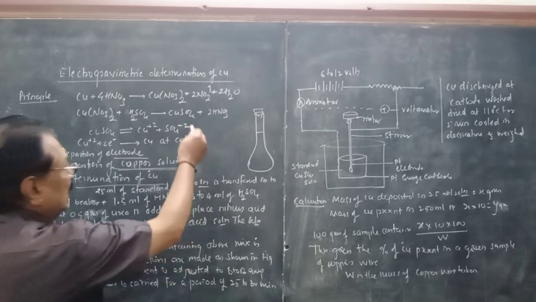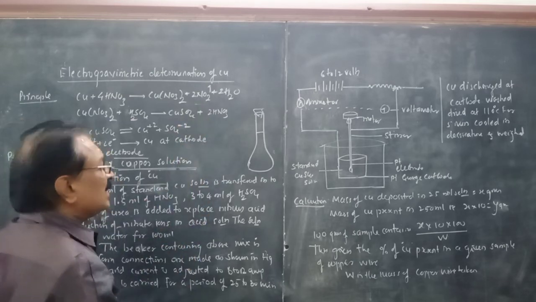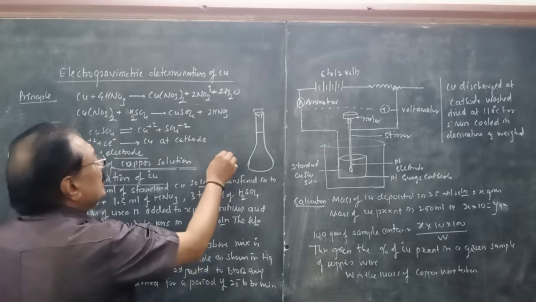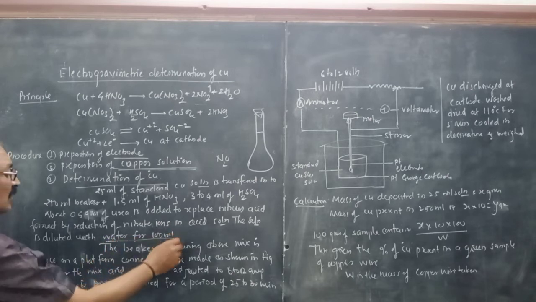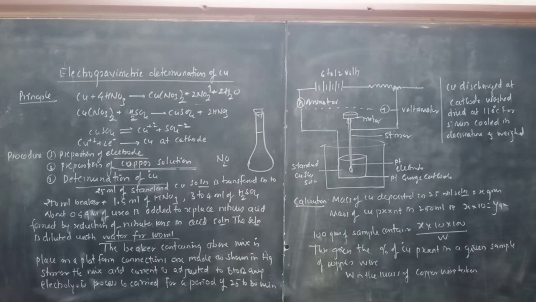In some cases, nitrous oxide, N2O, may be formed. Urea is added to remove the nitrous acid formed by reduction of nitrate ions in acid solution, and this solution is diluted with water to 100 ml.